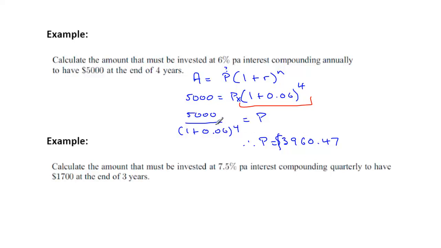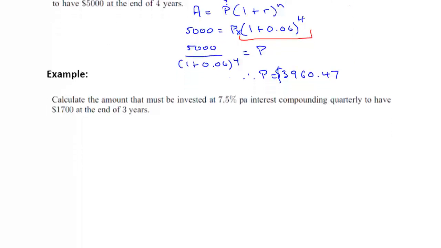For example, it could be you want $5,000 after 4 years for a holiday. If you're fortunate enough to have that much money, $3,960.47, put it in the bank for 4 years. In 4 years' time, you could go away on your holiday because your amount would be there. All right, so that's fine with that sort of question.